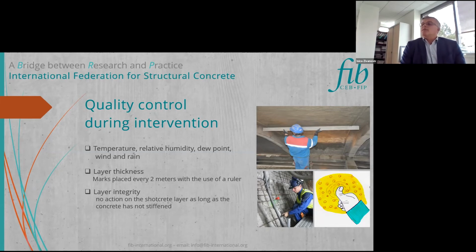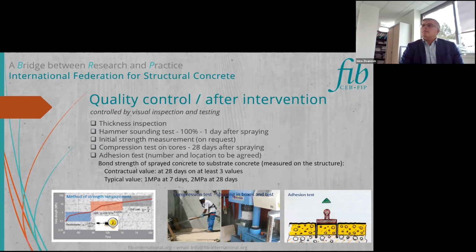The layer integrity: there is no action on the shotcrete layer as long as the concrete has not stiffened. Of course, after the spraying itself, the thickness control, the hammer sounding test, the initial strength measurement, depending if we are on a dry or wet system and with the requirement itself.